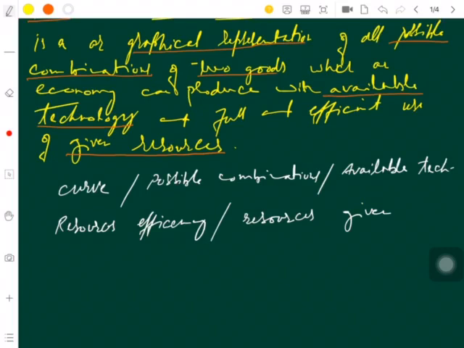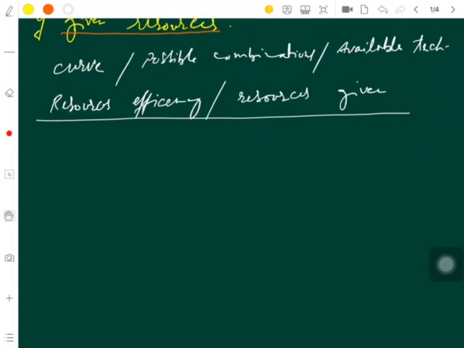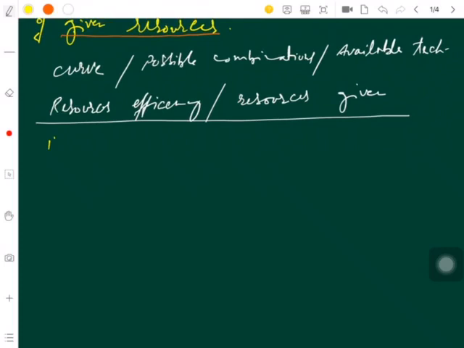Under this framework, when we are talking about the production possibility curve, we can see from the earlier lecture, combining it with this definition, that we reached a few conclusions. Number first, human wants are unlimited.